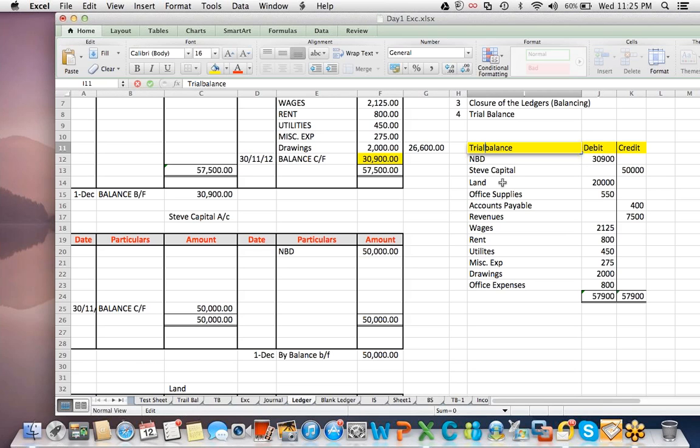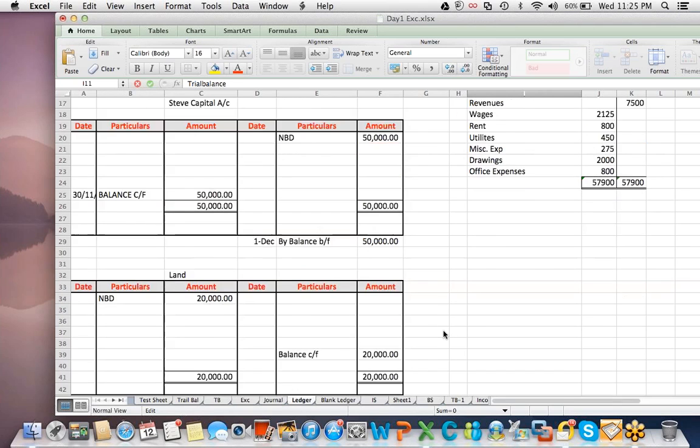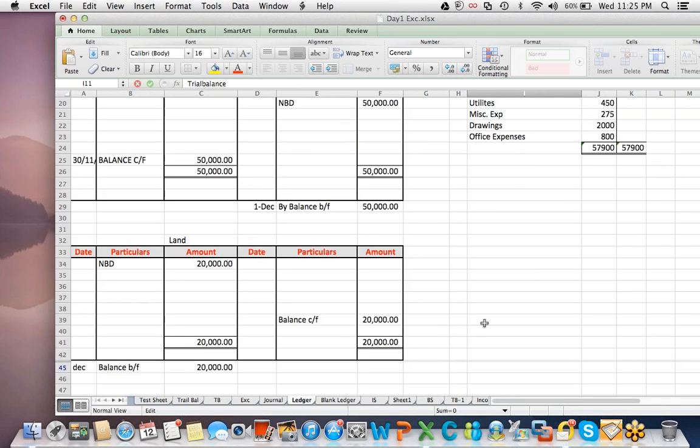Is it clear about journal entries and the ledger posting until the preparation of trial balance? For the time being, yes. Shall I give you some transactions to post? Yes.